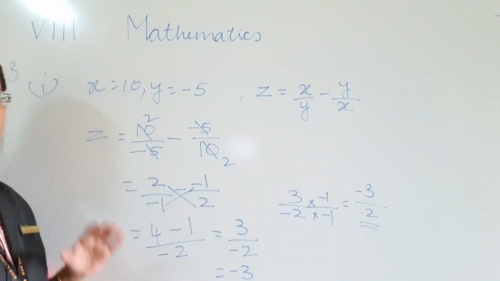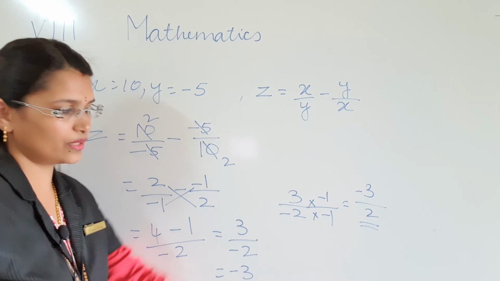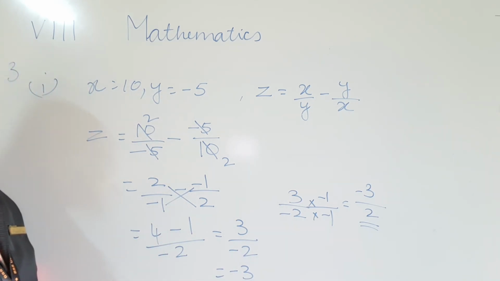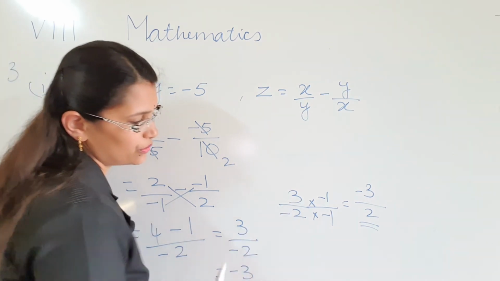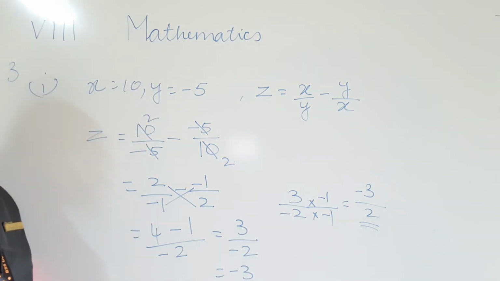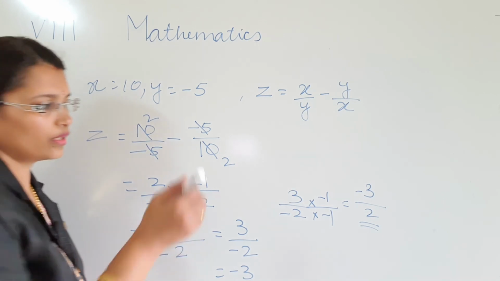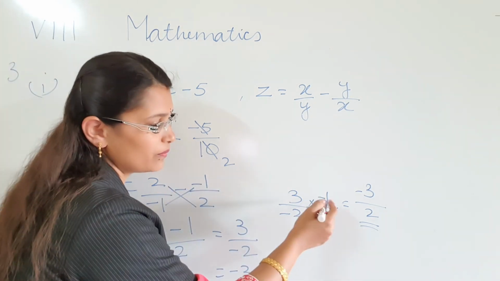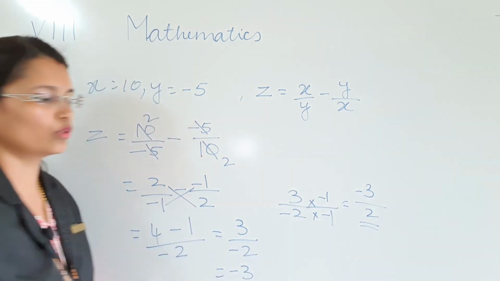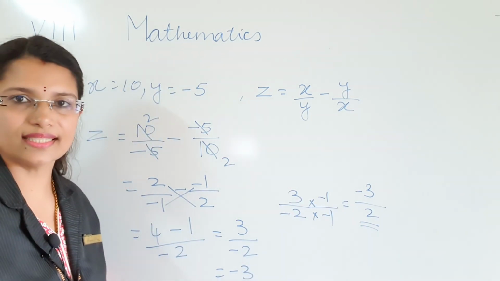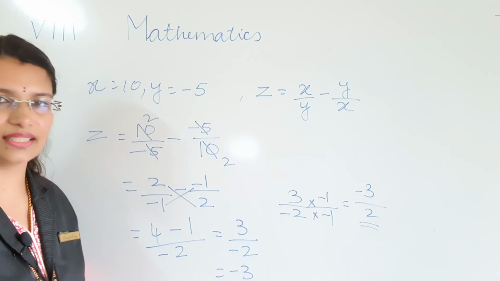Okay. You have to multiply with minus 1 on both sides. Why? To remove the negative sign of the denominator. Understood? If you are dividing or multiplying by one number, you have to do it to both numerator and denominator, otherwise the value will change. Is this clear, children?